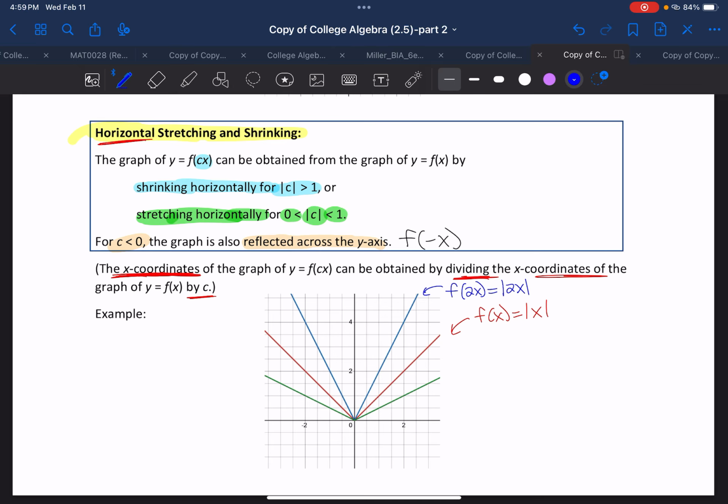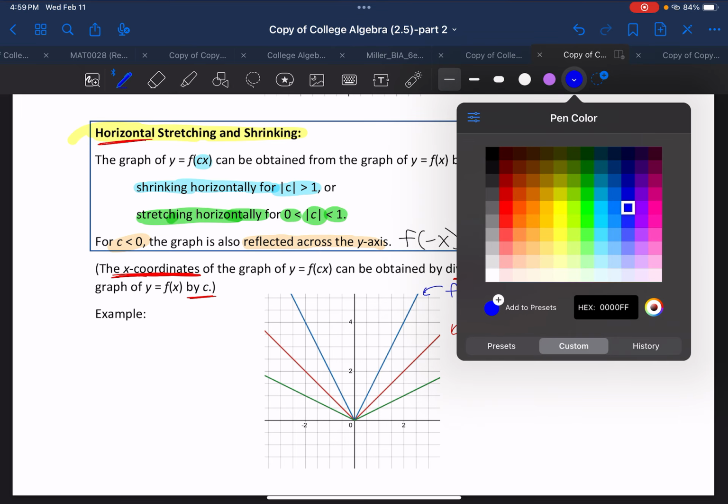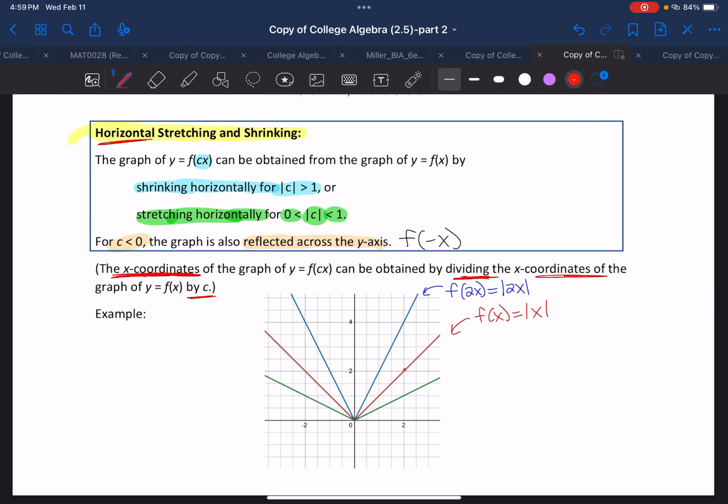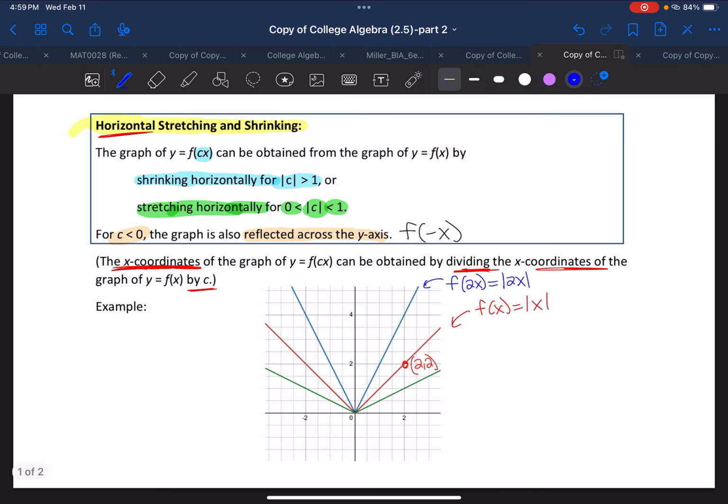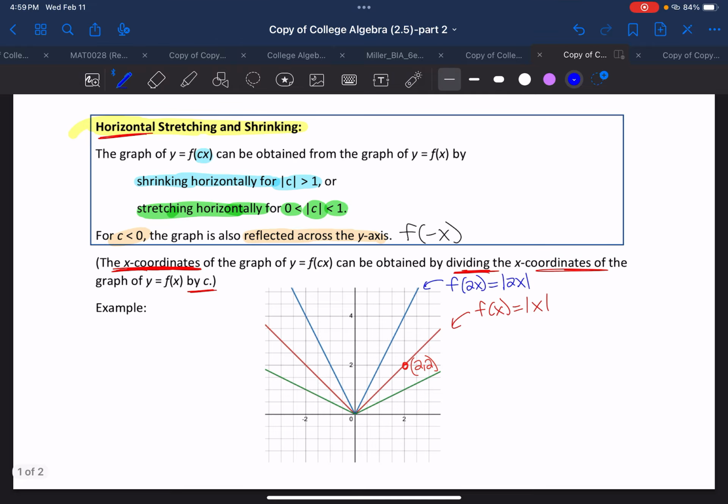And so if I pick a point on the original, this point's 2, 2. To find a new point, now I'm changing the x value. The y value stays the same. But I'm changing the x value by dividing by whatever number is being multiplied here, which is 2.